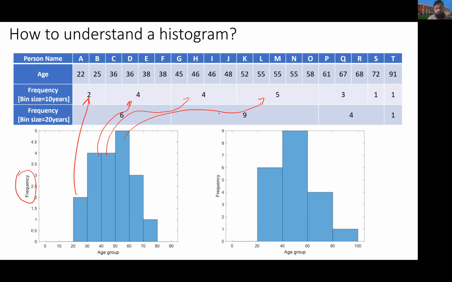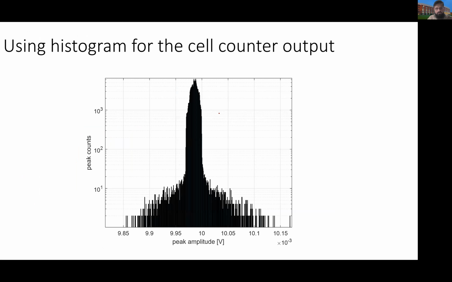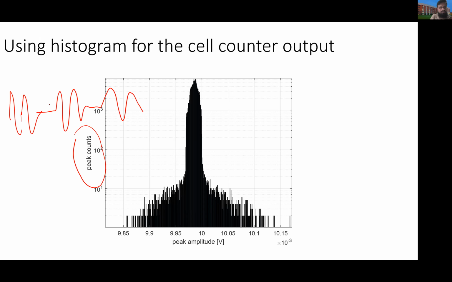And in MATLAB, when you use the histogram function, it can automatically choose the bin size according to the data you have. Going back to our data, if we plot the histogram, these are the frequencies; I have written count here. It's the same thing: we have all these pulses, and the pulses have different amplitudes.